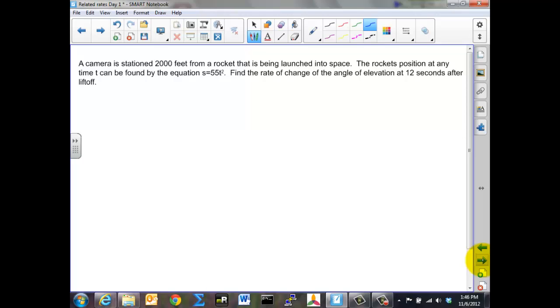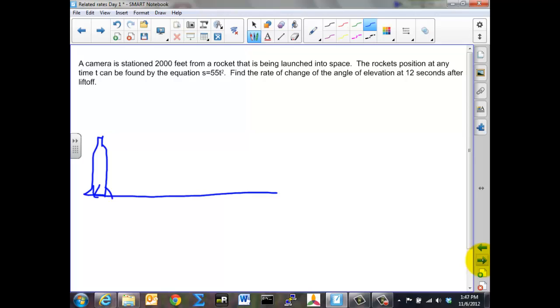Can you draw a picture of that? A camera 2,000 feet away from a rocket. Okay, there's our rocket, sitting on the ground.